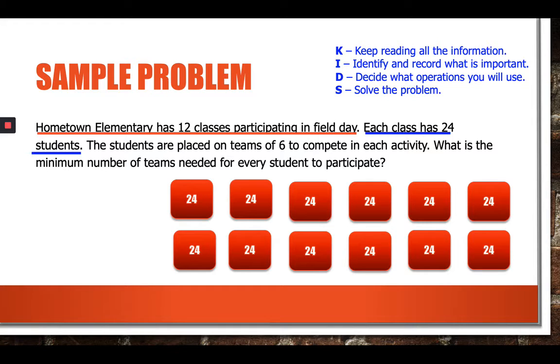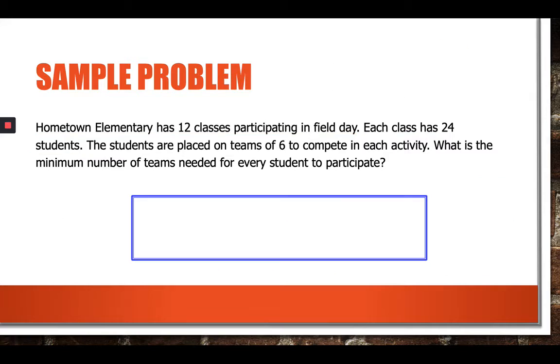Another way that we could use to get that answer would be to multiply 12 groups of 24. And when we multiply that out, we know that 12 times 24 equals 288. So we now know that there are 288 students in the classes.